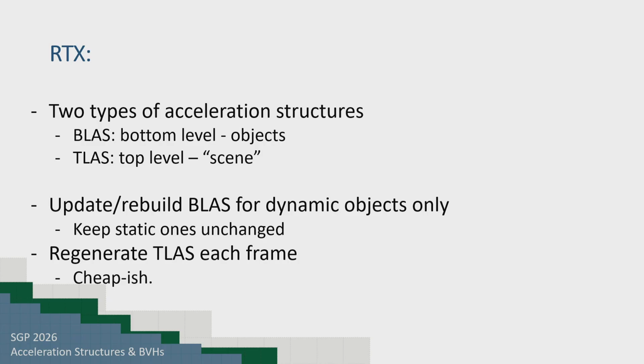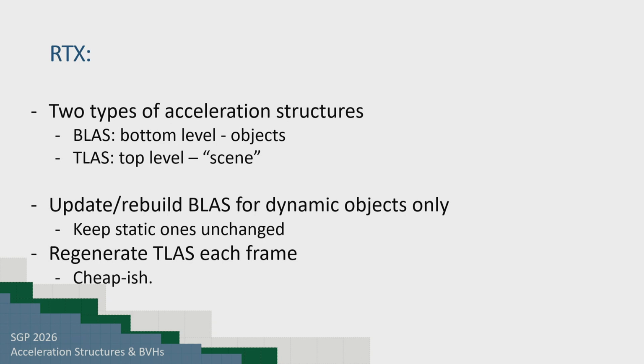How many of you have tried programming hardware ray tracing stuff? Few hands. Okay, cool. If you look at this, one of the things that you will see very early is that you have two different types of acceleration structures: the bottom level acceleration structure and the top level acceleration structure.